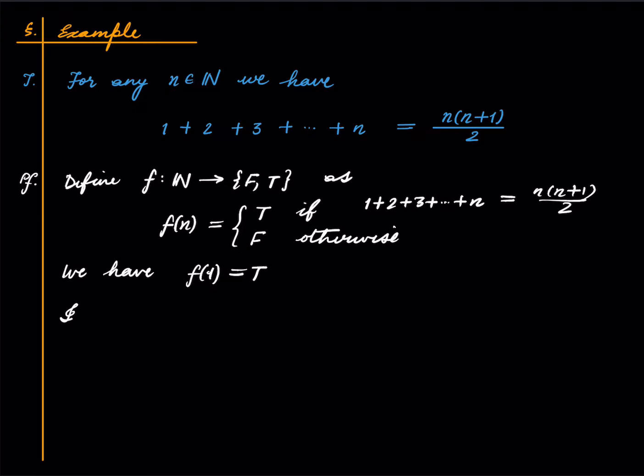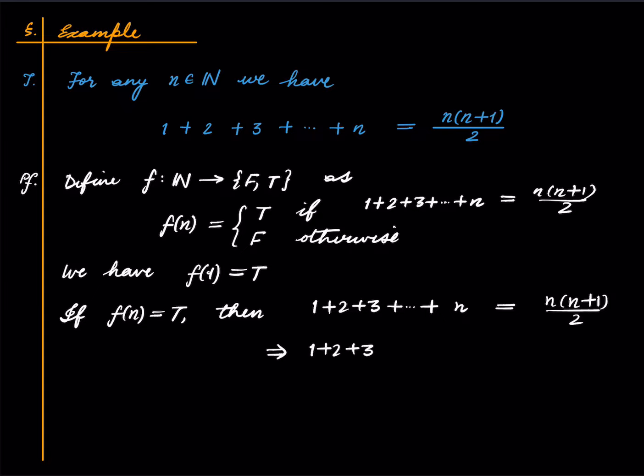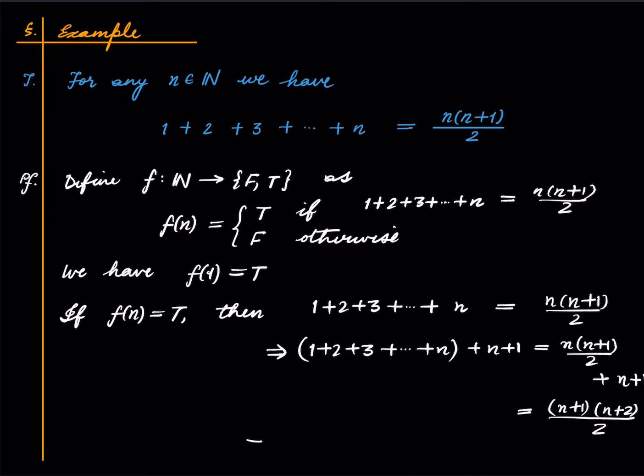And suppose f of n is true, then we have 1 plus 2 plus 3 plus up to n equals n into n plus 1 by 2, which implies, well, the above thing plus n plus 1 equals this plus n plus 1, which if we just compute, we will get the right hand side is that, which implies f of n plus 1 is also true.